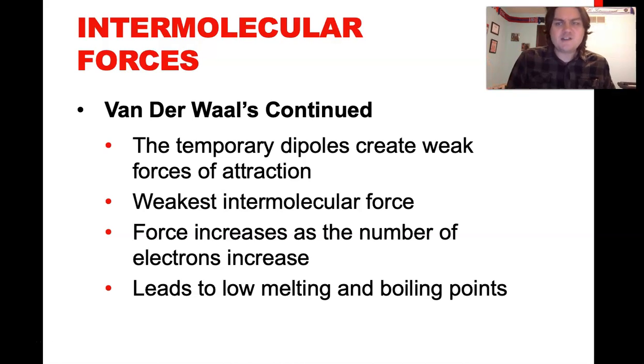If van der Waals are the only intermolecular forces present, those molecules are generally going to have pretty low melting and boiling points because it is a relatively weak intermolecular force. I do want to point out that every molecule has van der Waals forces, because all it requires is a molecule having electrons, which they all do.